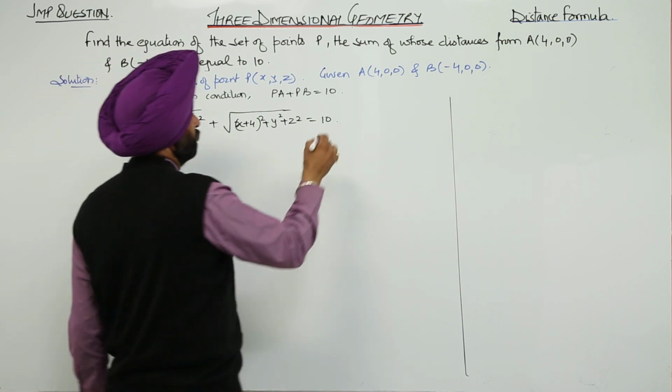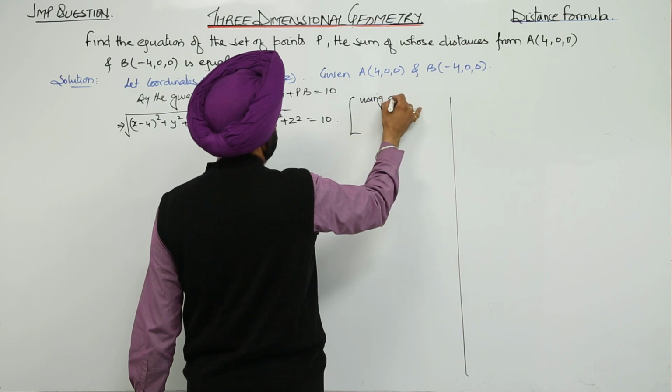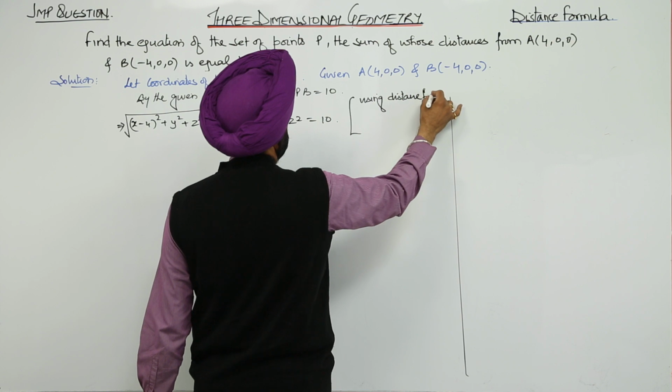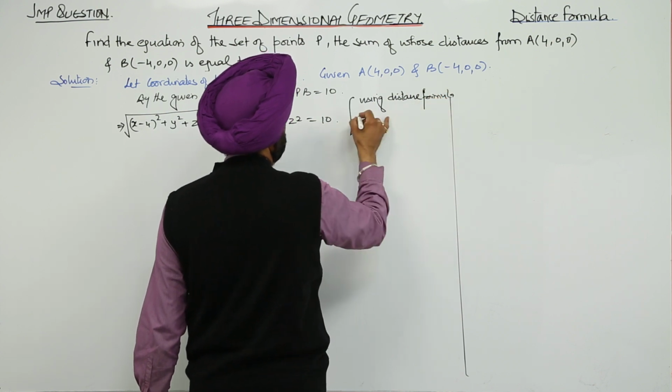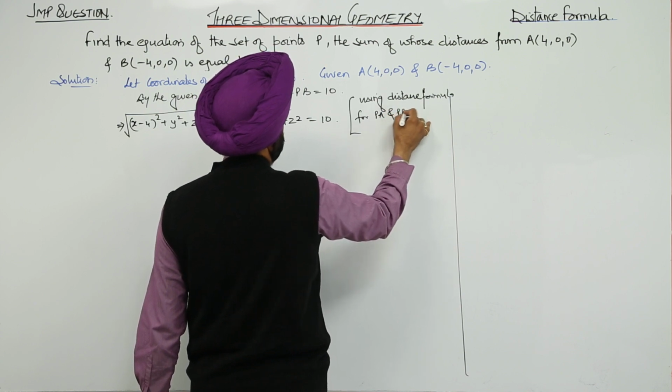Okay. Using distance formula for PA and PB.